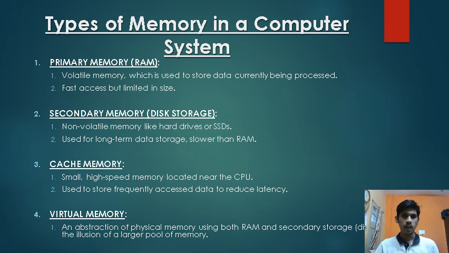Non-volatile memory, like hard drives or SSDs, used for long-term data storage, slower than RAM. Next is cache memory, small, high-speed memory located near the CPU, used to store frequently accessed data to reduce latency. Virtual memory, an abstraction of physical memory using both RAM and secondary storage.